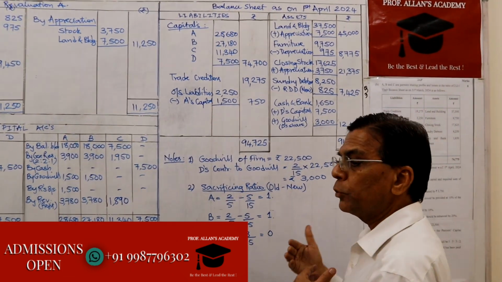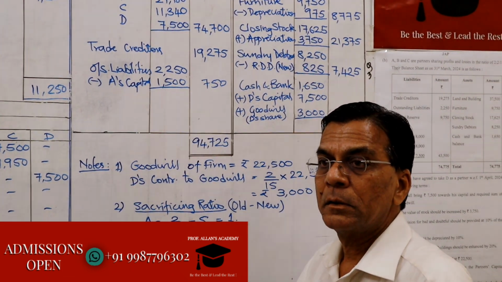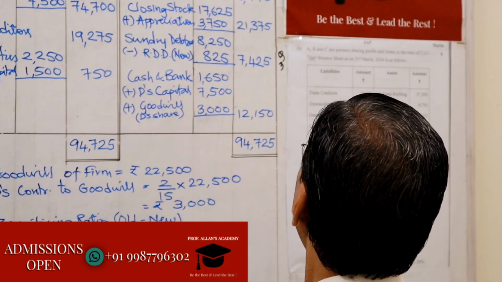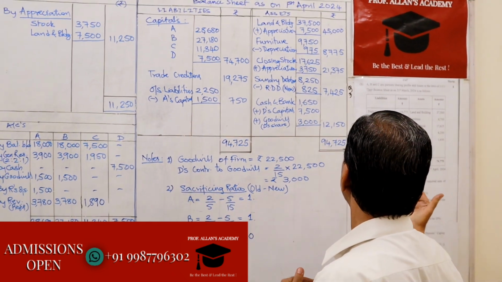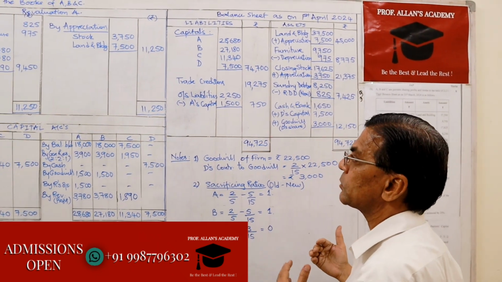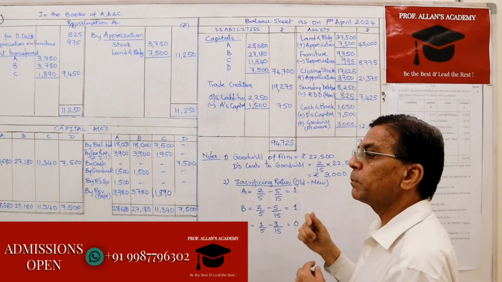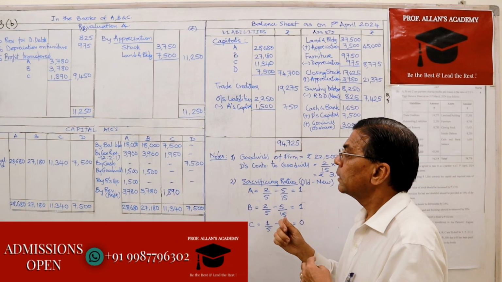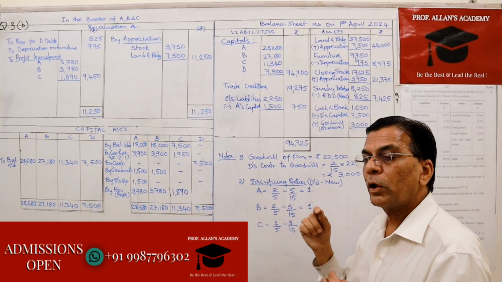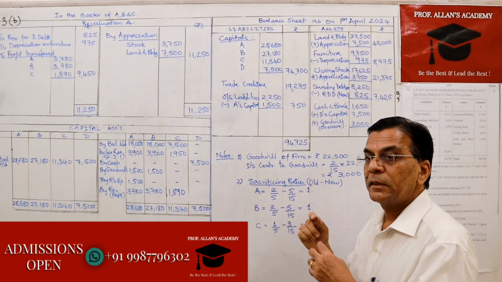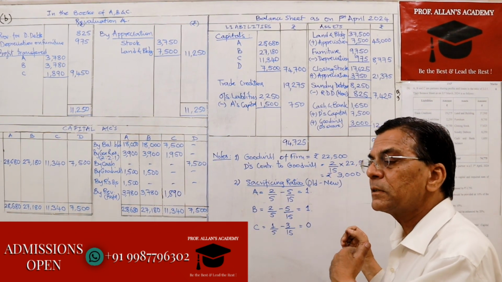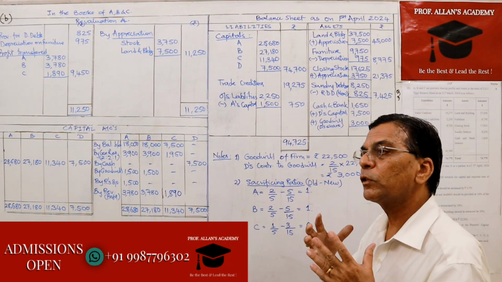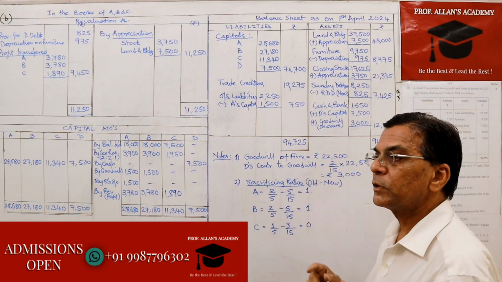Now, going through the question, we notice that D has been admitted as a partner on the 1st of April on the following terms. What is important to us is that on admission of a partner, there will be goodwill valuation. But in this particular case, they have given us the goodwill for the firm as 22,500.